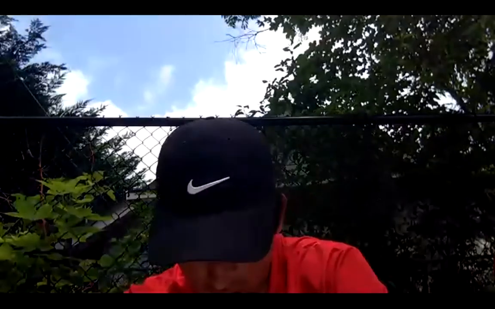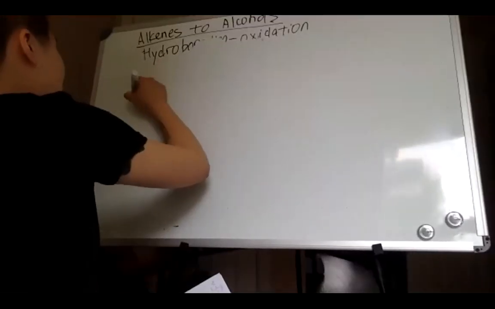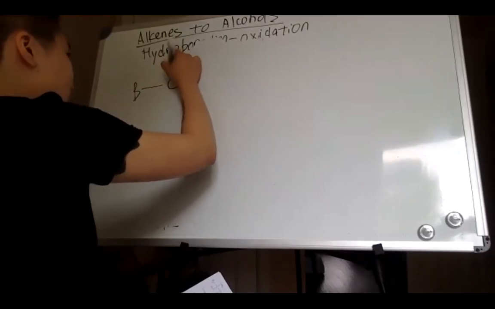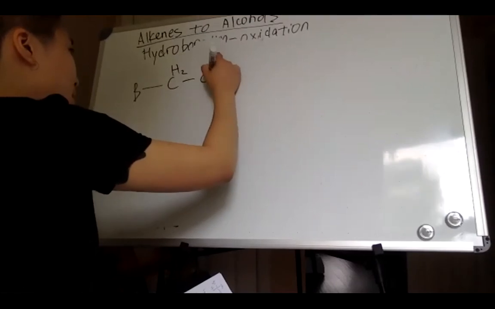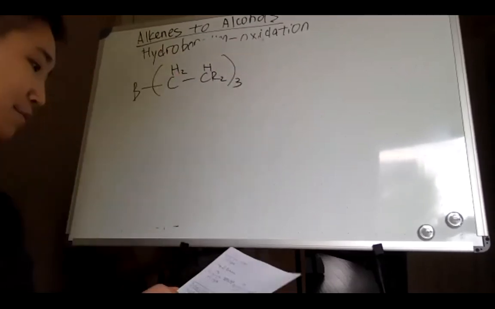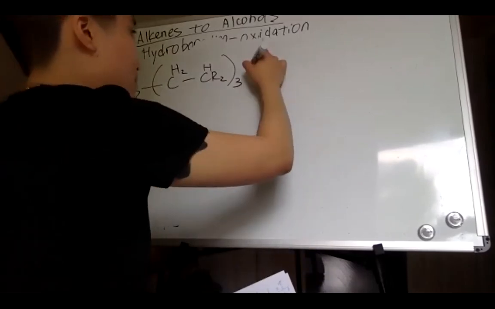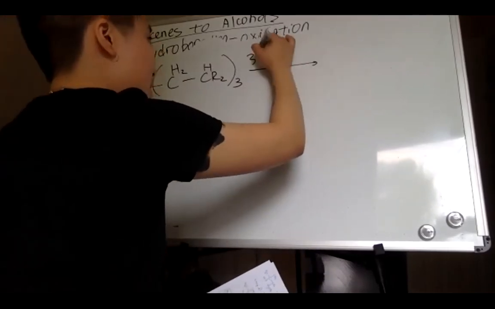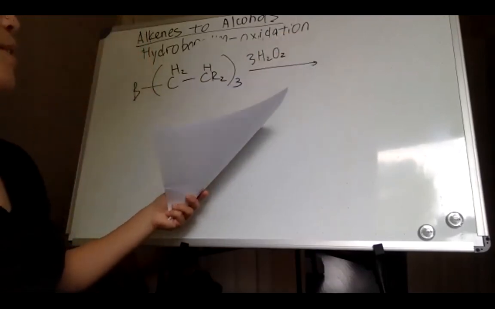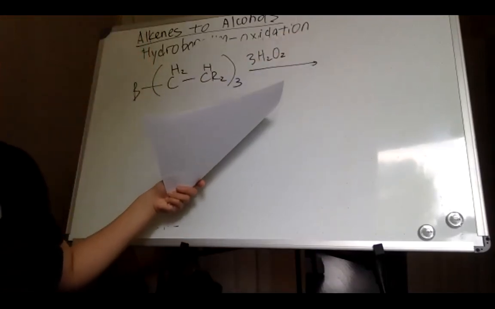And then we're going to treat it with something else. It's boron. I'm going to redraw the structure, CH2, CR2H. Repeat 3 times. And I'm going to treat it with 3 H2O2. 3 equivalents because I have 3 of those things attached to my boron center.